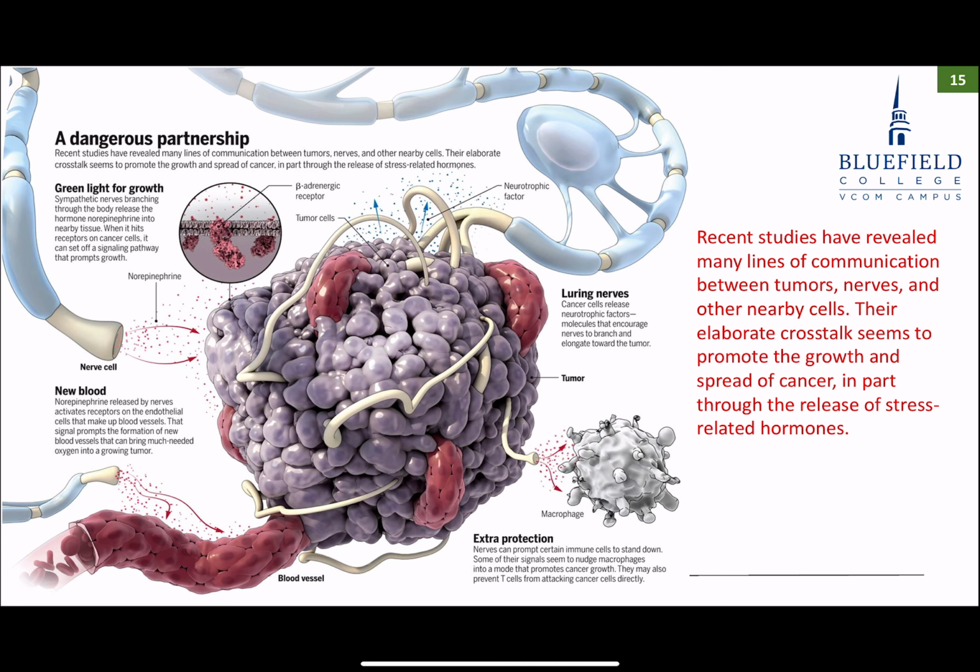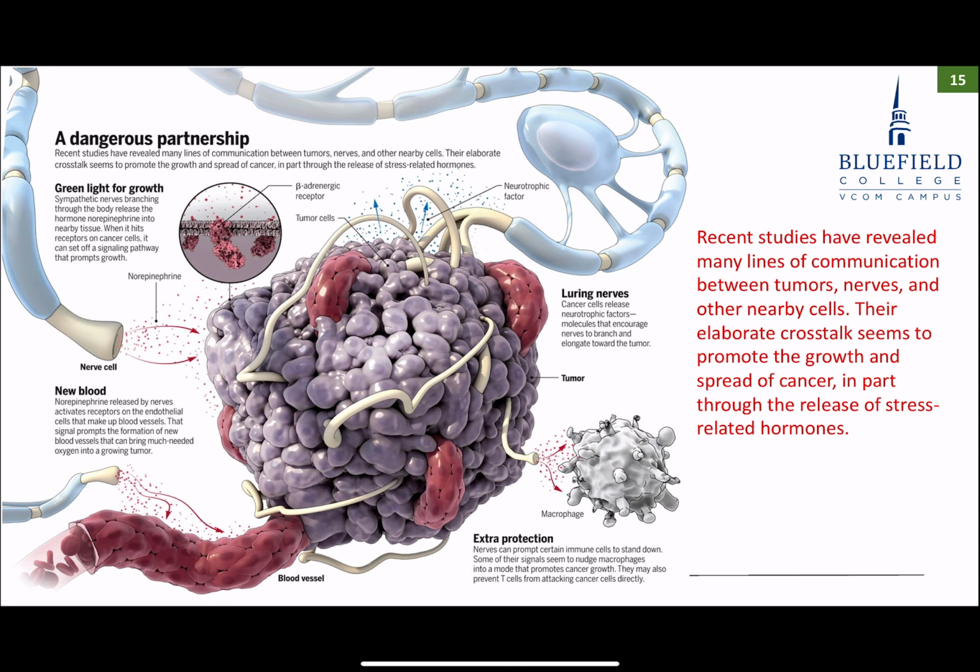And this is something that we just started to not just understand, but started to notice. So we know that nerves transmit signals through norepinephrine, and it turns out that the signal norepinephrine is stimulating further growth of cancer. It also stimulates receptors on endothelial cells that make up blood vessels.